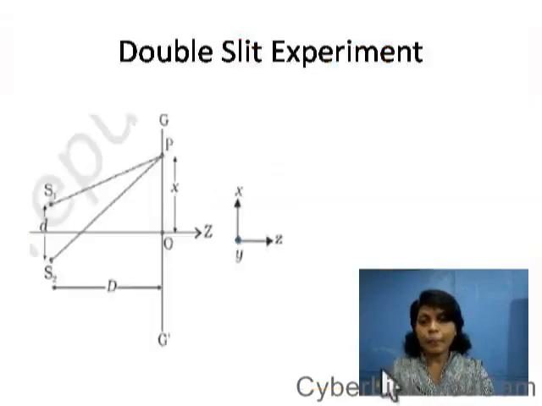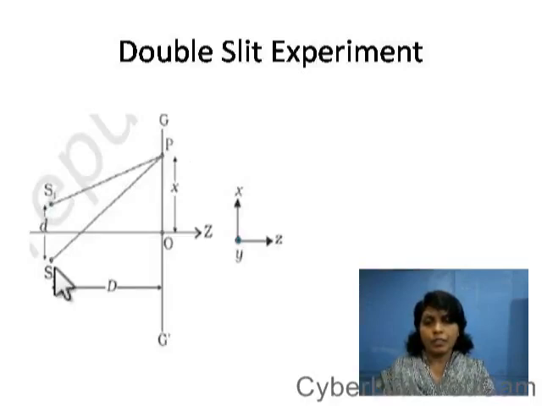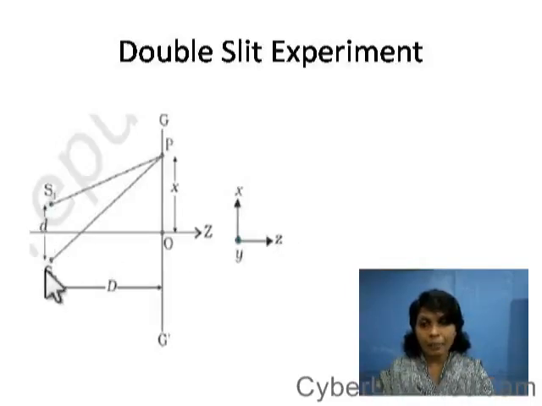So considering S2P minus S1P as the path difference, we make use of this diagrammatic representation in order to calculate S2P minus S1P. S2P square is equal to D square plus D by 2, which is half the slit separation, plus X the whole square.